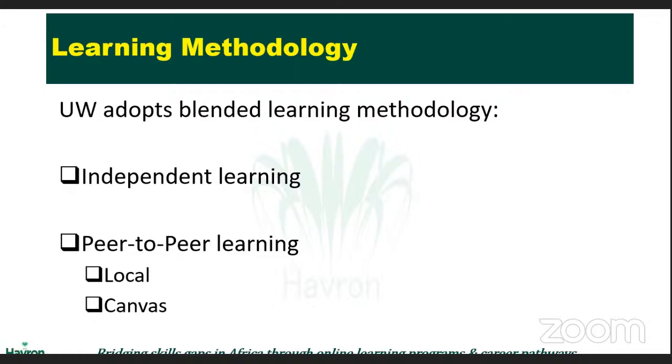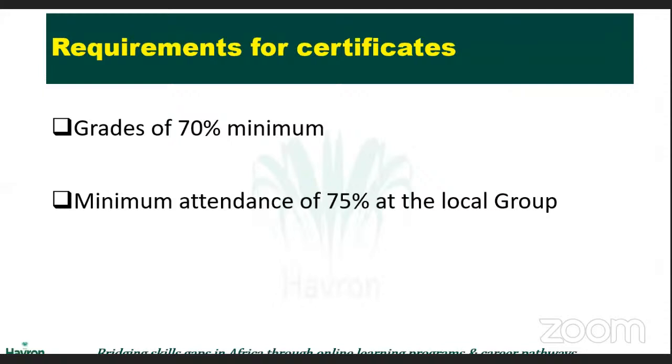Through the site, it is expected that there will be peer-to-peer learning. As we are in a group, we'll be discussing. As one person is sharing his or her experiences, the others are learning. So that's the peer-to-peer learning. And this happens at two levels: one, at the local level, that's the Havron level, and two, at the Canvas level.